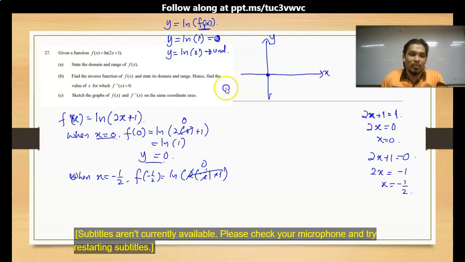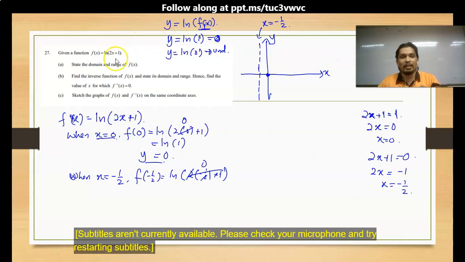So when x equals negative half, somewhere around here, this is the line of x equals negative 1 over 2.